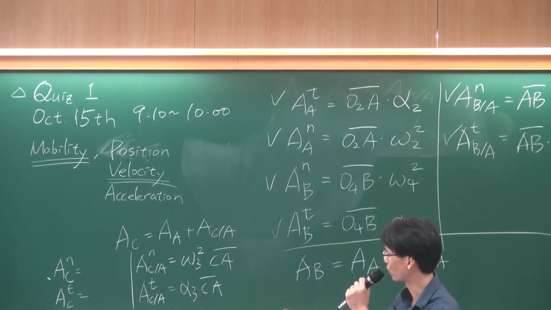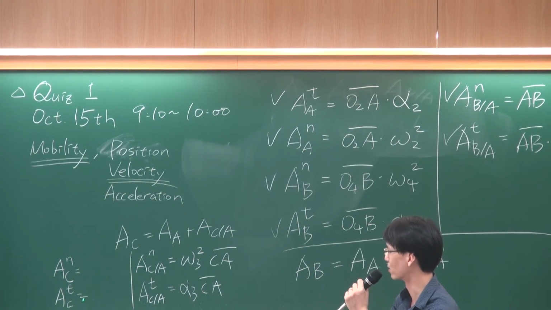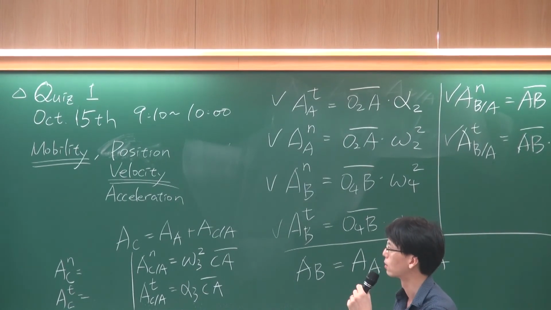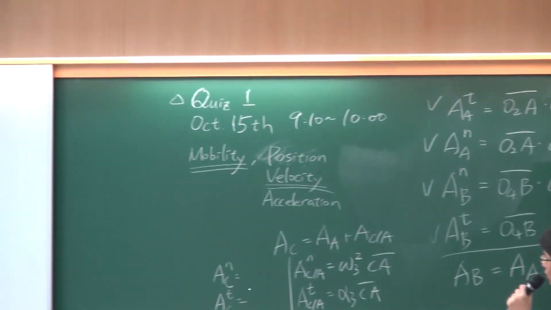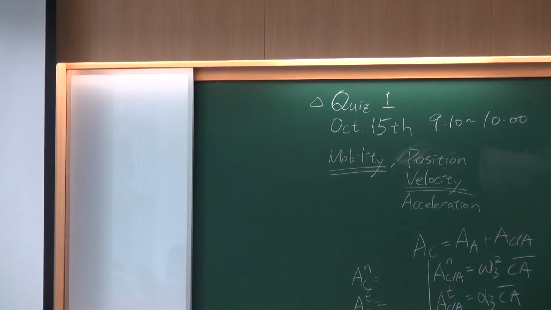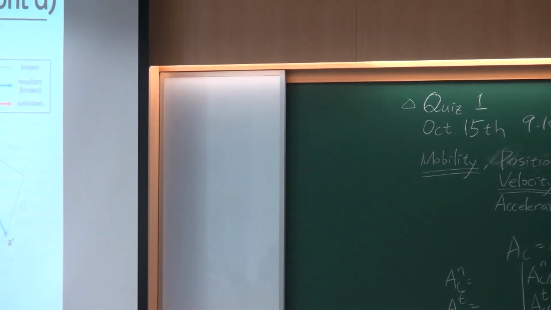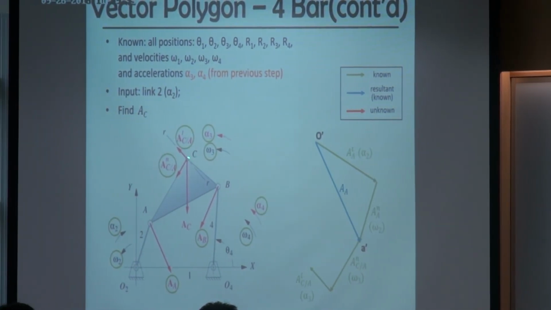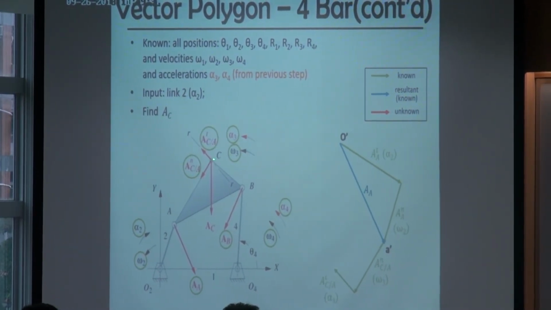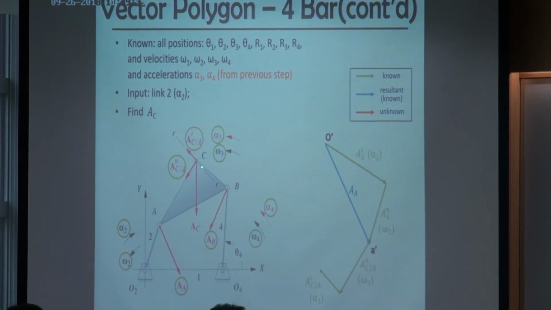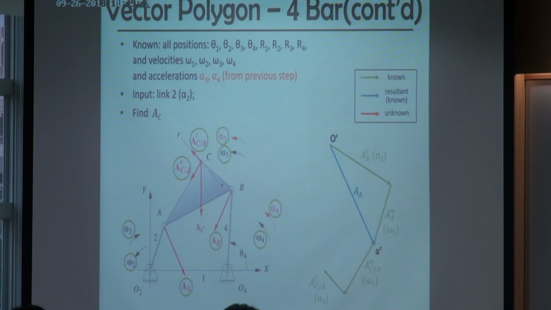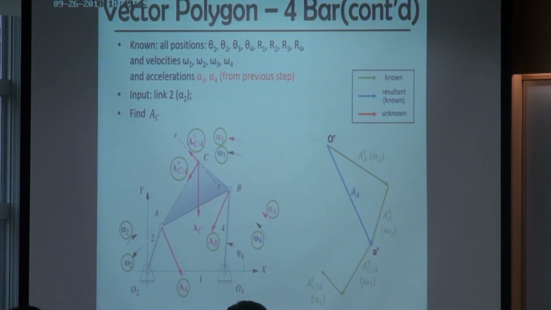Right now we try to find ACN or ACT, and we actually have no information about these two, because the absolute velocity of this point C is like floating here. We don't know the direction of this one or this one yet.